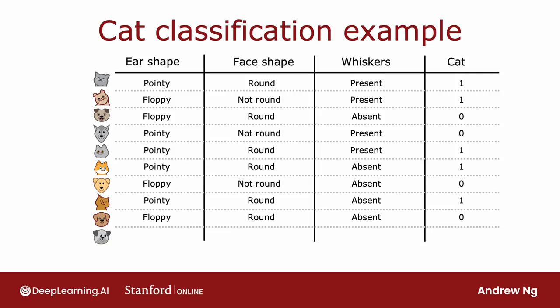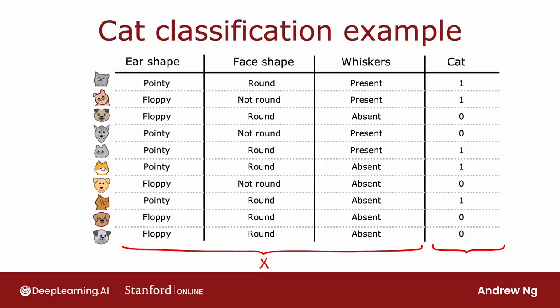This dataset has 5 cats and 5 dogs in it. And the input features, X, are these 3 columns, and the target output that you want to predict, Y, is this final column of is this a cat or not. In this example, the features X take on categorical values. In other words, the features take on just a few discrete values. Ear shapes are either pointy or floppy.